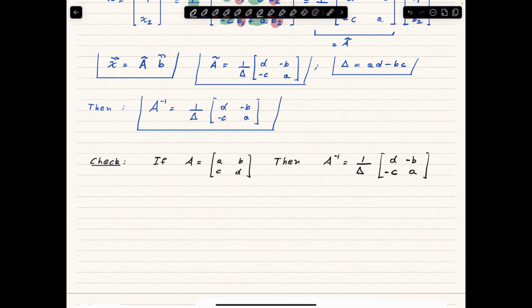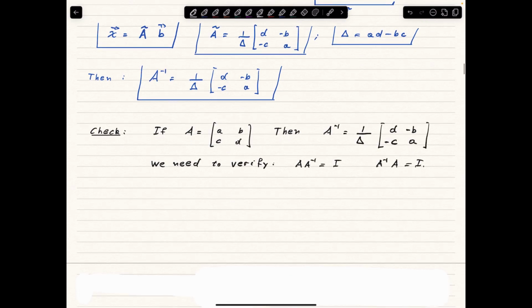How do we check? We need to verify that this matrix times A inverse is the identity, and on the other side too, this matrix times the original matrix A is the identity.